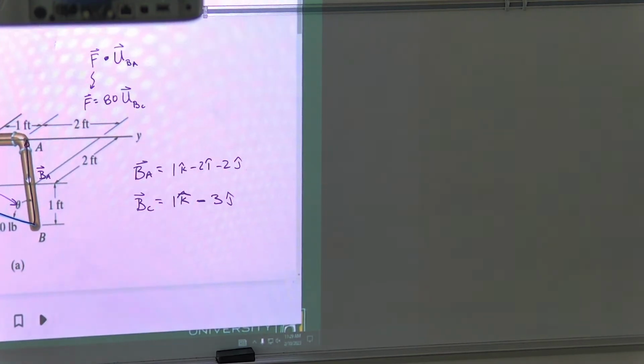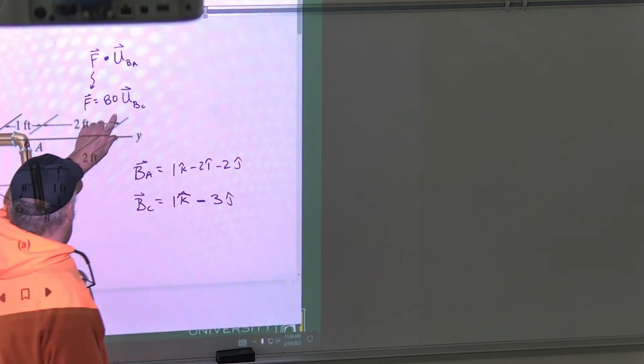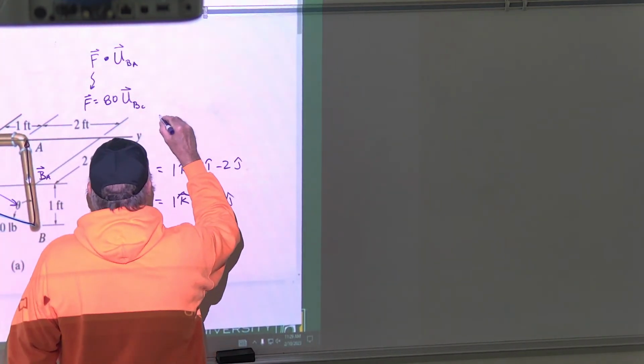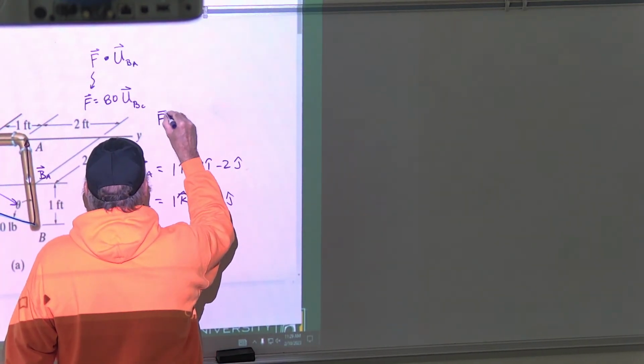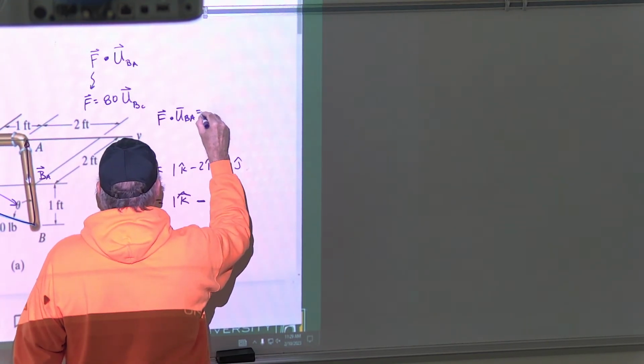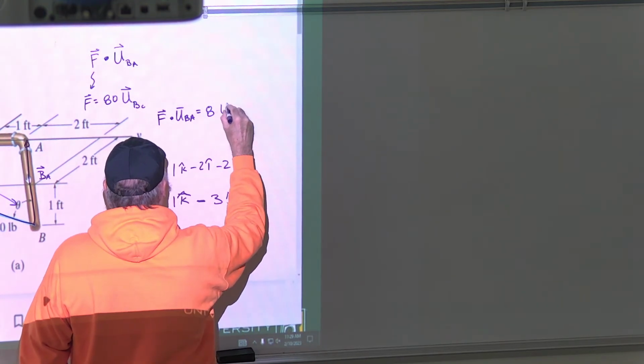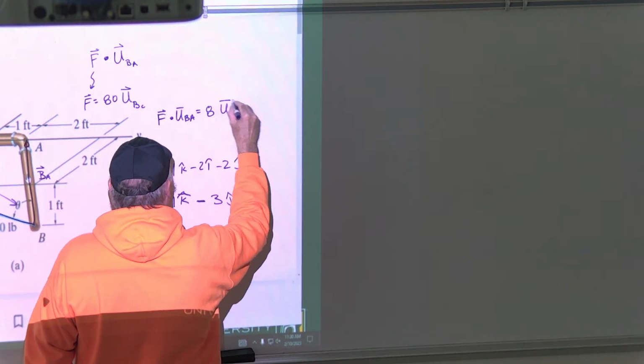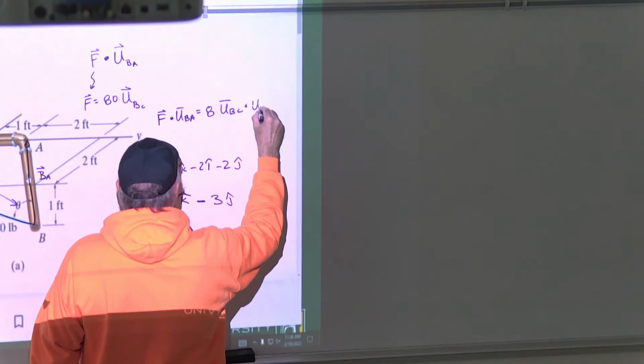Here's what we're going to do. This is weird. So I'm going to take this vector and put it in here. And I'm going to say the vector that goes along that segment is this, which is equal to 80 times UBC dotted with UBA.